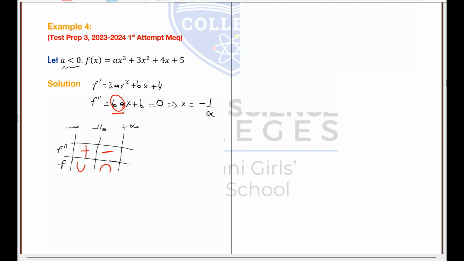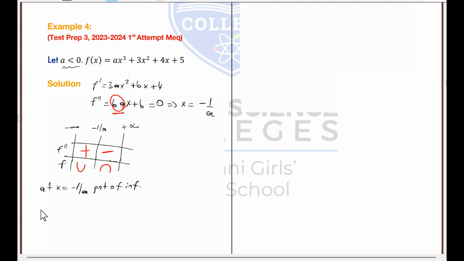So we can say at x equals negative 1 over a, we have a point of inflection. I can of course find the point by inserting negative 1 over a back in the function, but it takes a lot of time and effort. I am not asked to find the exact point, so I'm just going to write that the function has an inflection point at negative 1 over a.